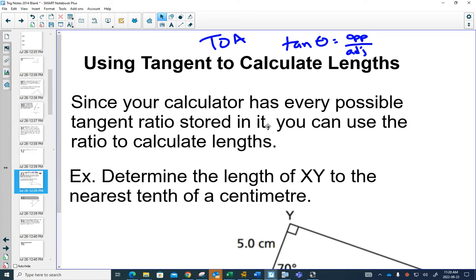I have a couple of books here. This one's logarithmic tables.